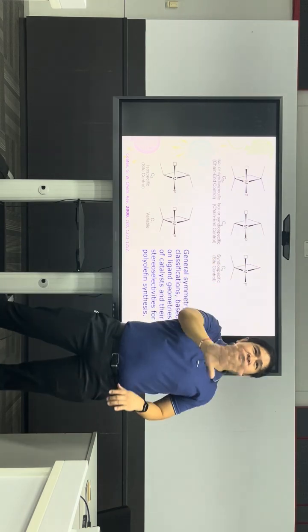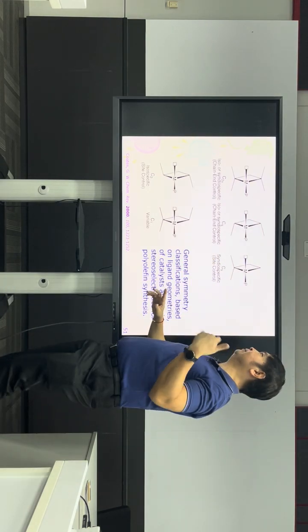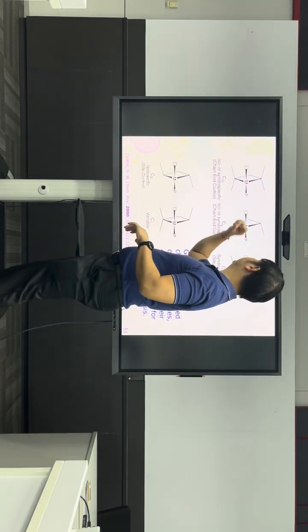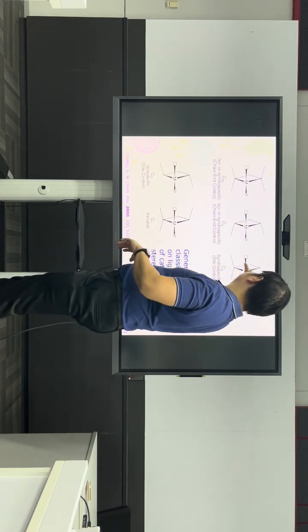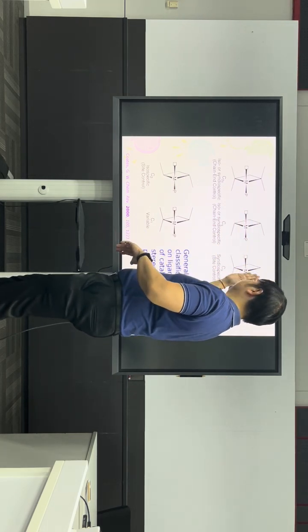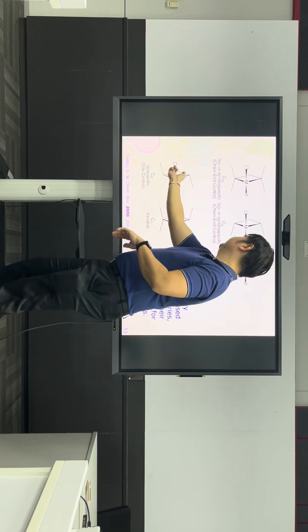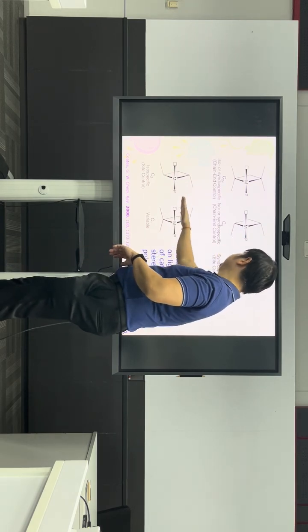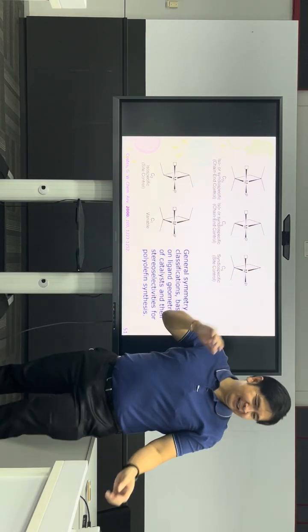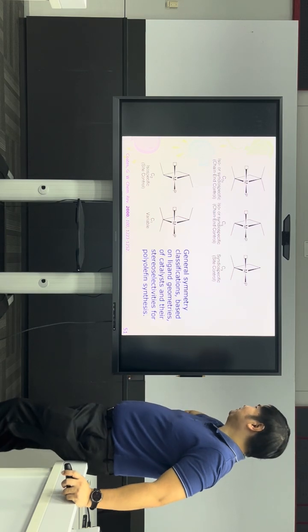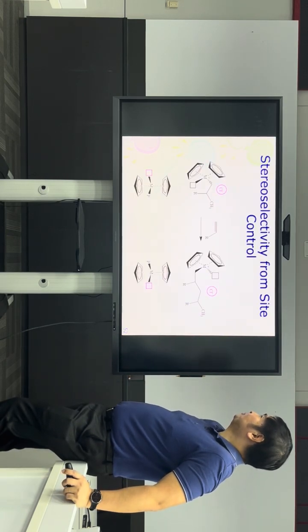If you don't know what that is, don't worry. It's just some name that we give to the symmetry. This is Cs structure, and so on. C2, C1. Oh, never mind. I think a lot of people will get confused, but never mind. Let's take a look at the next one.